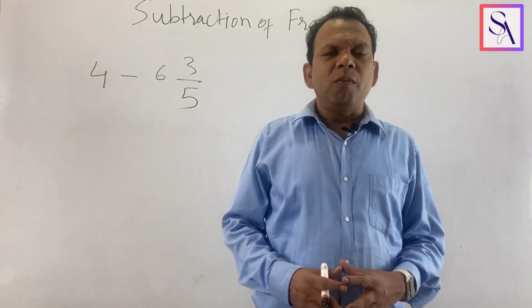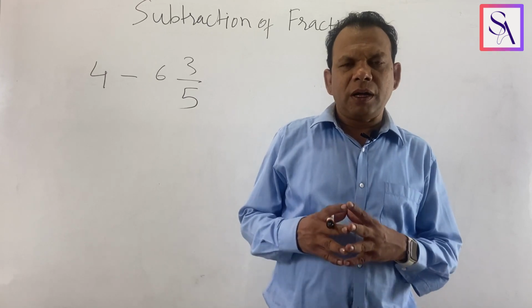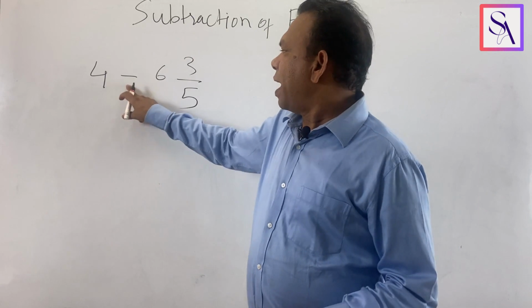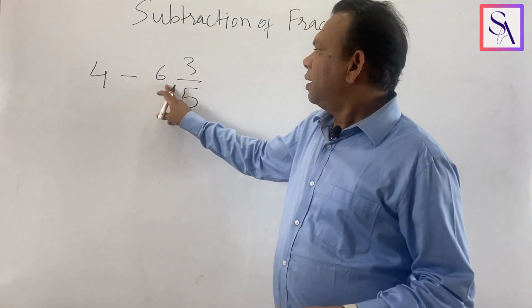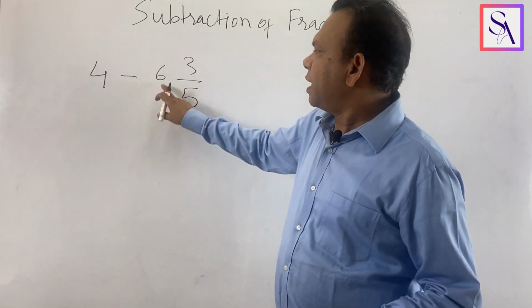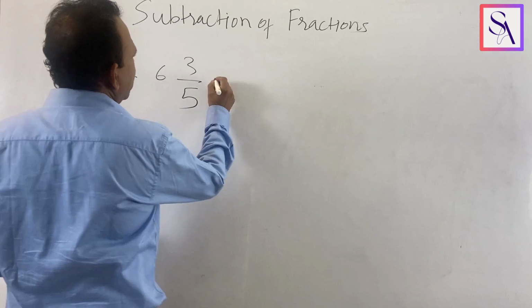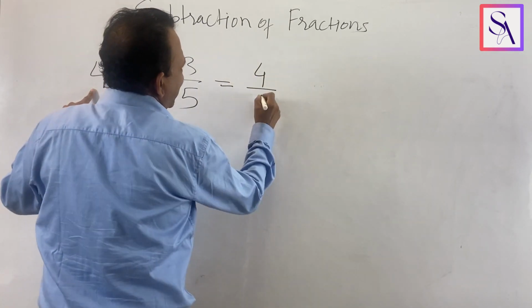Now we will take one more example of subtraction so that you will get a complete concept. So different example. So 4 minus 6 3 by 5. So this is a whole number. This is also a mixed fraction, in that 6 is whole number, right? So how to do that? So 4, we know that below 4, 1 is there, right?